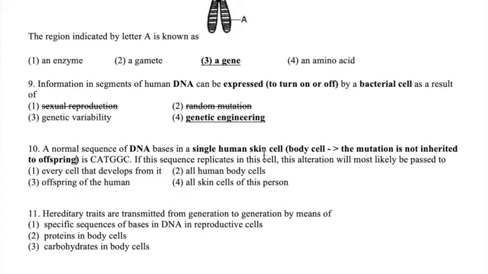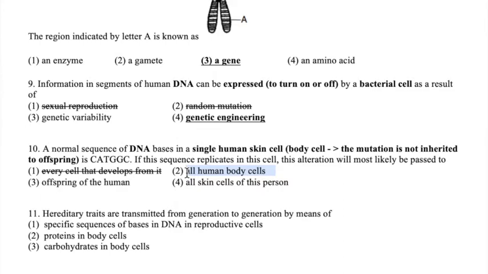So if this sequence replicates, this alteration will most likely be passed to, let's see, every cell that develops from it. That's a pretty ambitious term, don't you think? If I get a mutation on my hand, is that going to make a mutation in my heart or my liver or my brain? That's not likely. So we're going to cross this one out. 2. All human body cells.